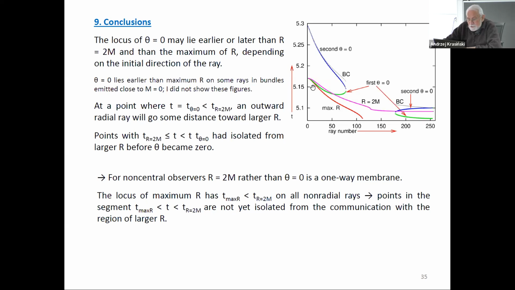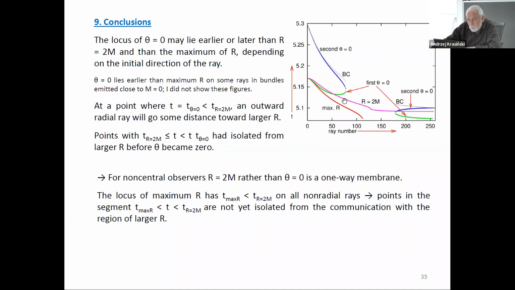At some other locations, theta equal to 0 may lie earlier, but I did not show these figures. At a point where theta equal to 0 occurs earlier than R equal to M, from that point you can still send an outward radial ray that will go some distance toward larger R.